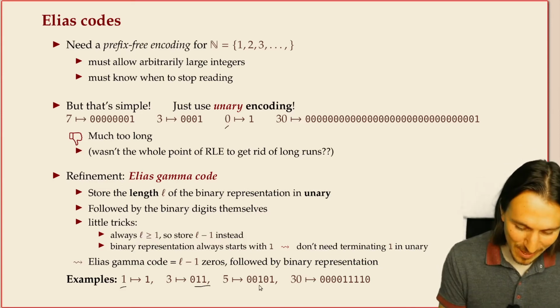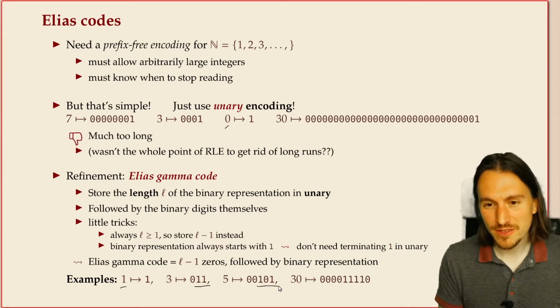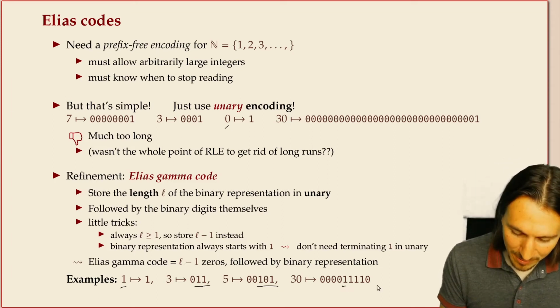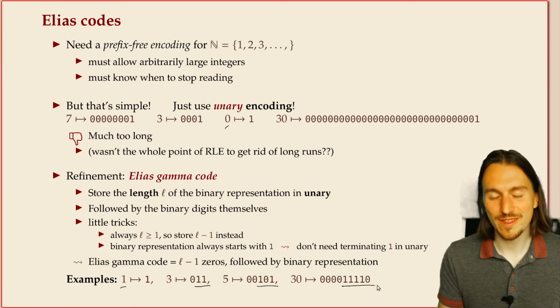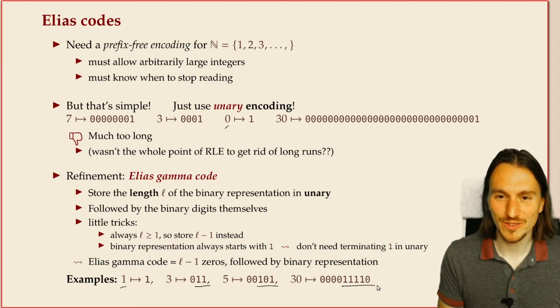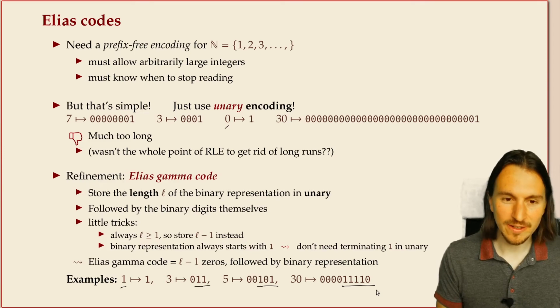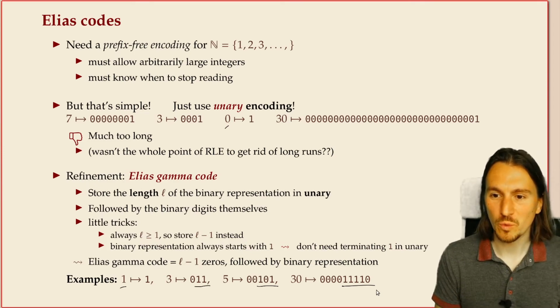One more example, 5 is 101. Length is 3, so we have to prepend 2 zeros. 30 happens to be this. Length is 5, you prepend 4 zeros. There you go. That's Elias gamma code. That's a way to represent an arbitrary integer. It can be as big as you want in a prefix-free way.